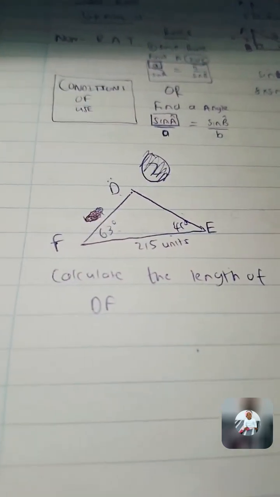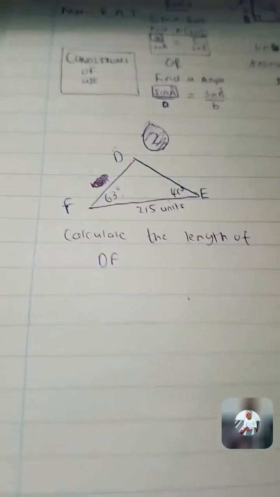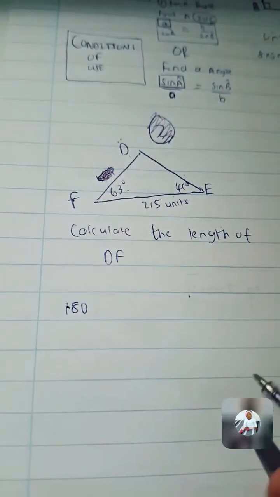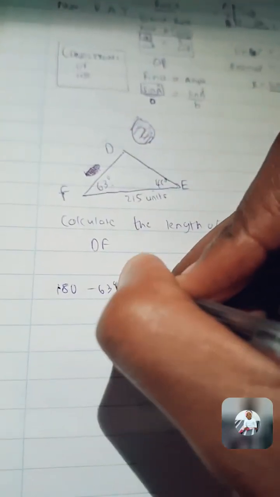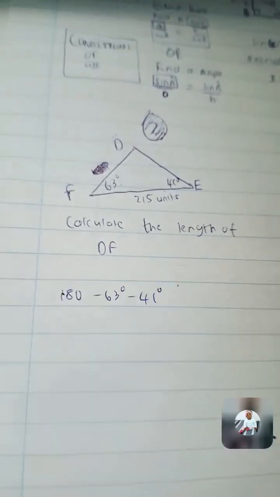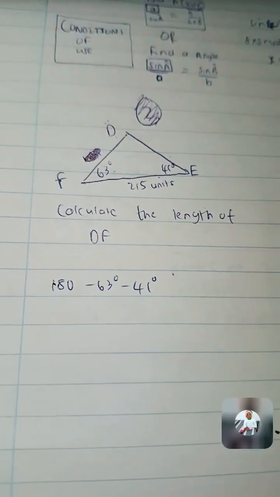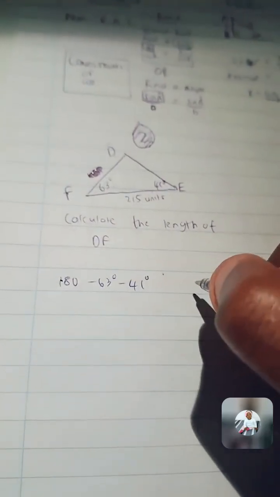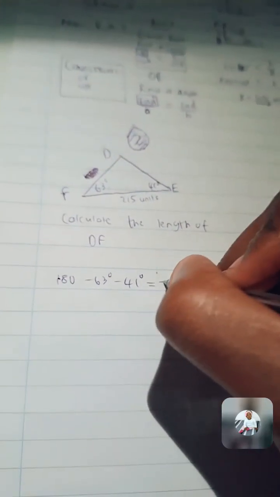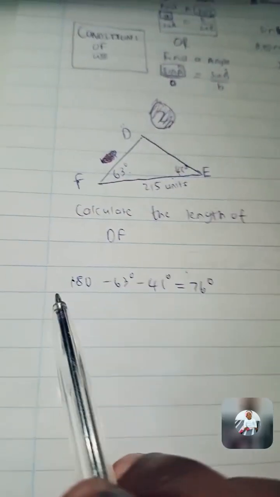Oh wow, look at you. Nice. Okay, let's do that. So what am I going to say then? 180 minus 63 minus 41. Is it 41 or 45? Yes, 41. So 180 minus 63 minus 41 gives us 76.